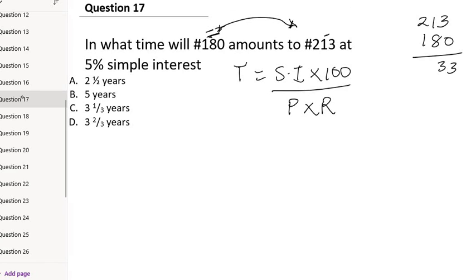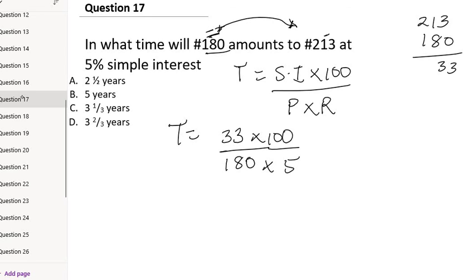Okay, now time equals simple interest, which is 33 times 100, divided by the principal, which is 180, times the rate, which is 5%. Okay, so 5 into 5 is 1, 5 into 20, 0 cancels 0, 2 into 8 and 9.